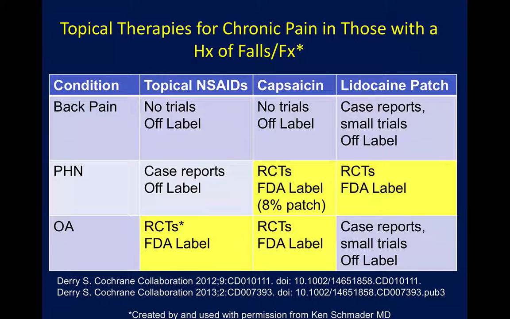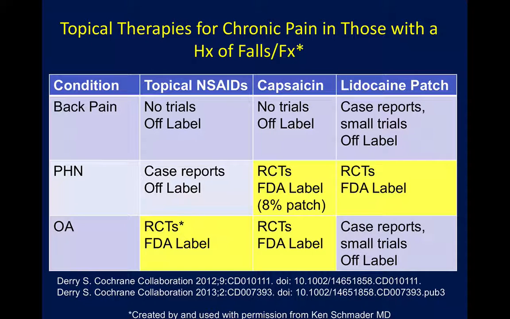So, what do we do for chronic pain? Well, we need to think about this, and I'll bring this back up again when we do the pain talk. For back pain, what evidence is out there? Unfortunately, there's not a lot of evidence for the use of topical NSAIDs, capsaicin, or lidocaine patches. However, you may want to try those first.